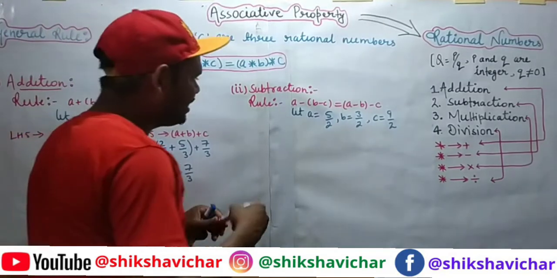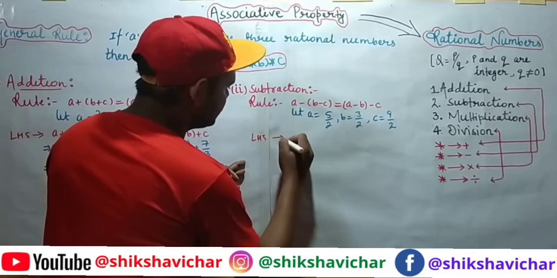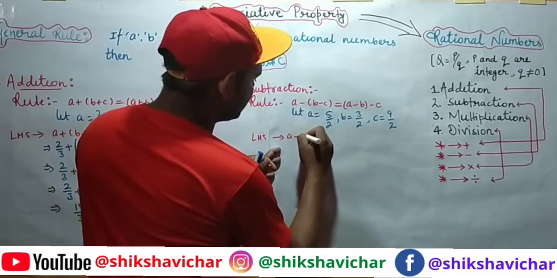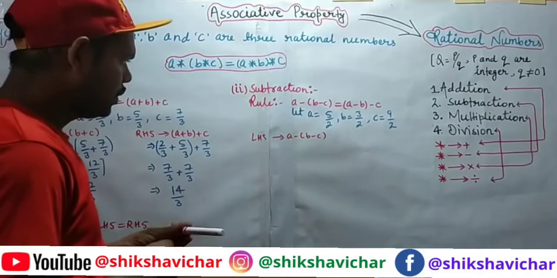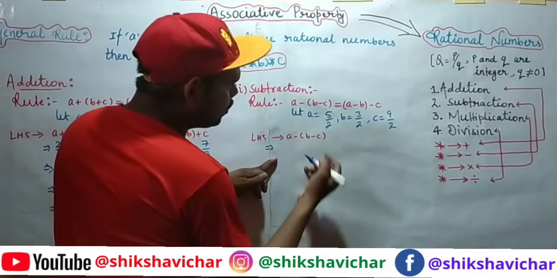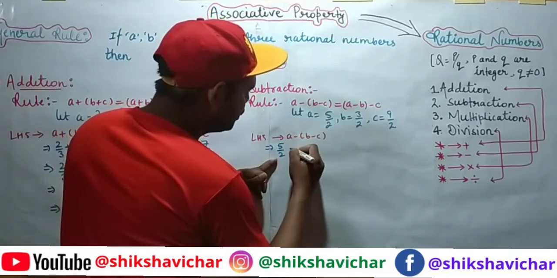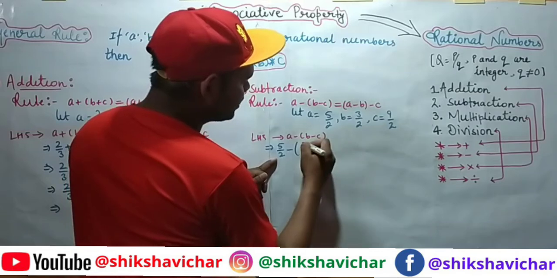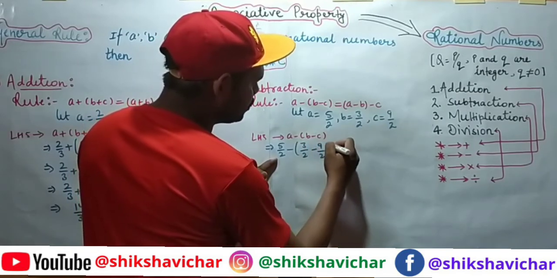Now what is the left hand side? Left hand side, that is a minus (b minus c). This implies that a, what is the value of a? 5 upon 2 minus inside bracket 3 upon 2 minus 9 upon 2.